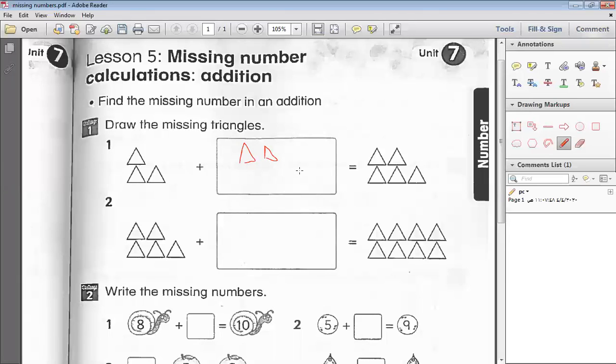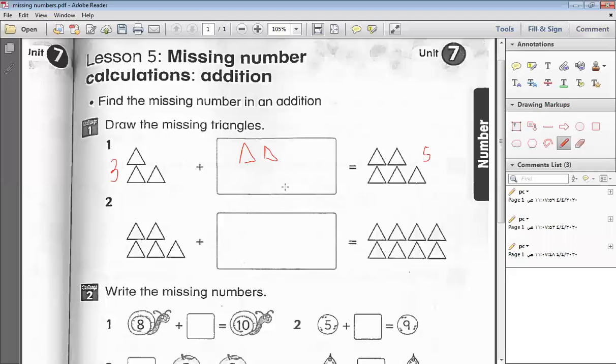So I will draw 2 triangles, right? Because these are 3 triangles and these are 5 triangles. Here he is giving me the total, and he's asking me about the missing number. So I will start counting on from the 3 till the 5 on my fingers.